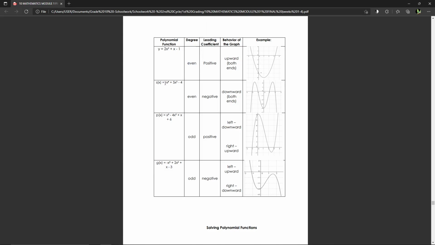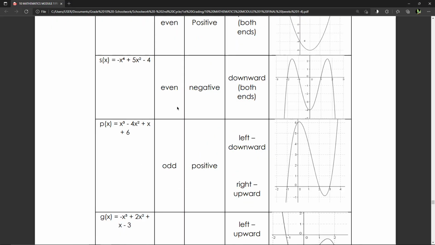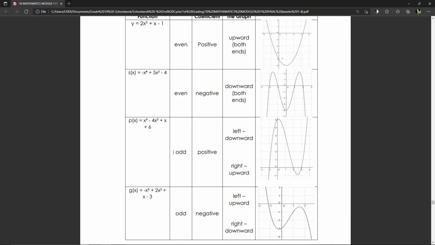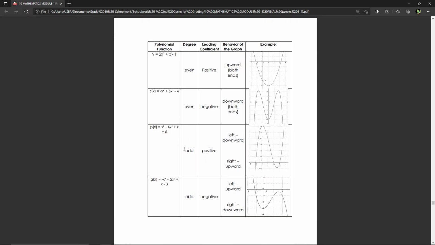Next is over here, we got x raised to 4. We got 4, which is also an even number. That's why our degree here is even. But on this other row, we have a degree from the exponent of 3. Right there. So its degree is odd. And then we got 3 again, which is also odd.